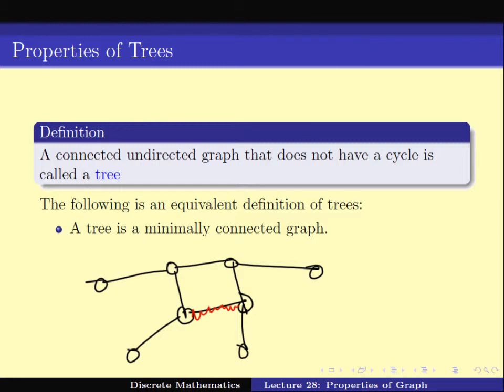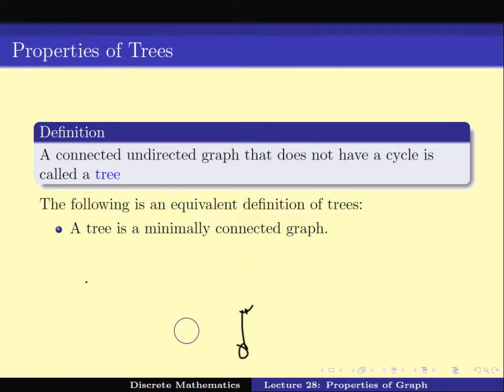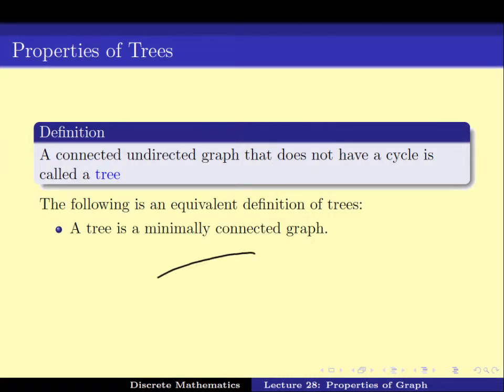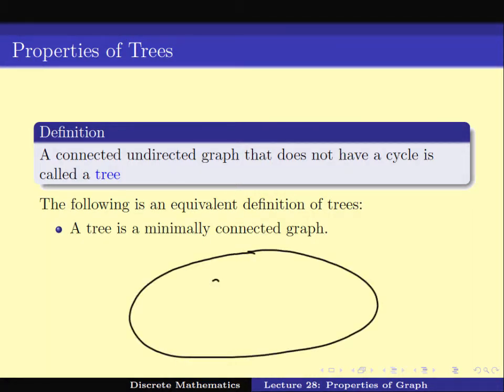Now the thing is that if a graph has a cycle, then the graph cannot be minimally connected. So if this is a graph and there is a cycle sitting here, and I don't care how things are otherwise, in this cycle I can take any edge and remove it, and yet the graph will remain connected.